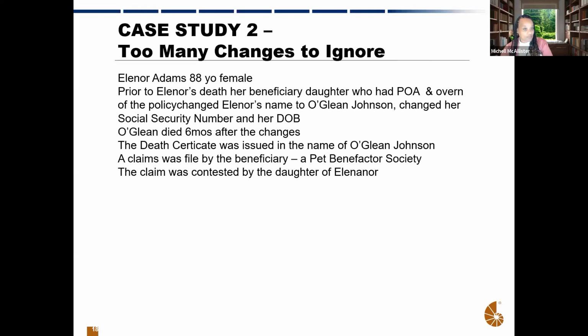The documentation she had used was fraudulent, and she did all of that so that she could be the beneficiary of the policy. In this case, the claim proceeds were paid out to the Pet Benefactor Society and not to the daughter, because she had done all of that fraudulent activity just to get the proceeds of the policy.